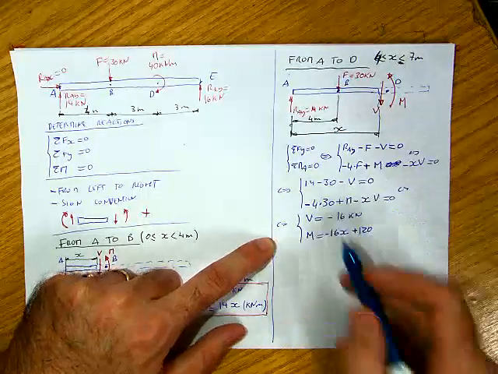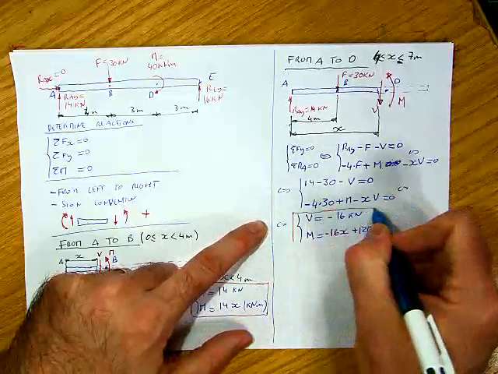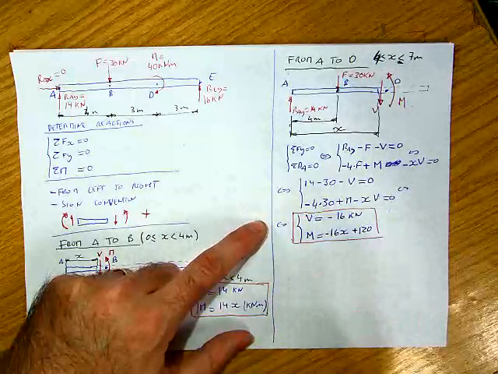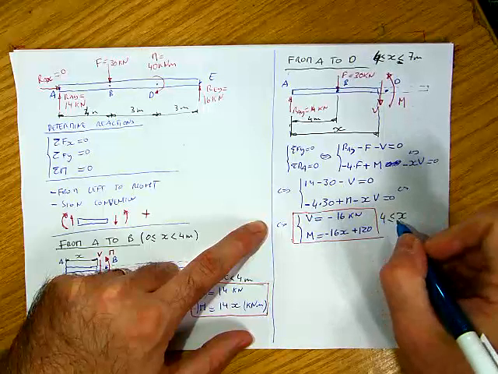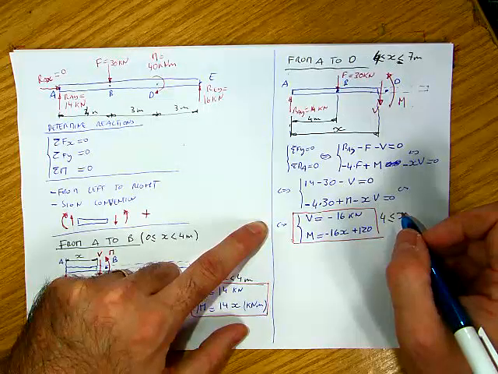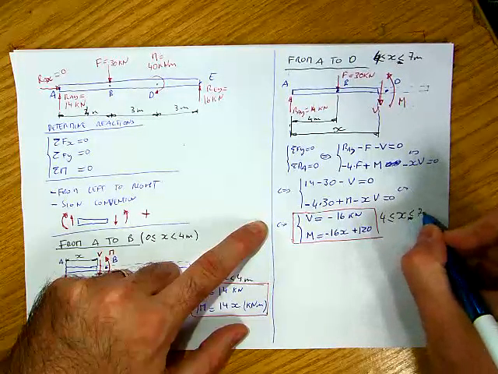So this is basically math going from one line to the other, and this is my result for x between 4 and 7 meters.